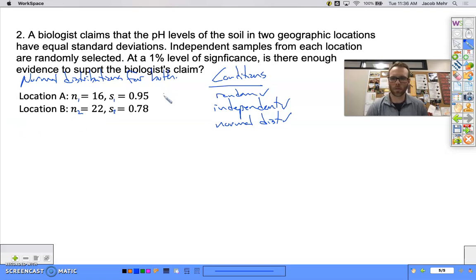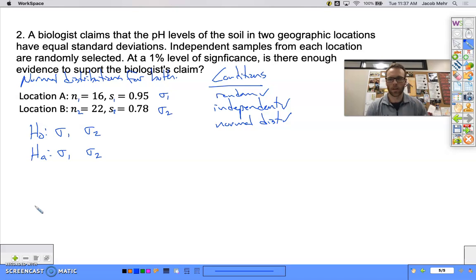So this would have some population standard deviation 1. This would have some population standard deviation 2. Our null hypothesis, our alternative hypothesis. Remember that we always put our 1s on the left, our 2s on the right.